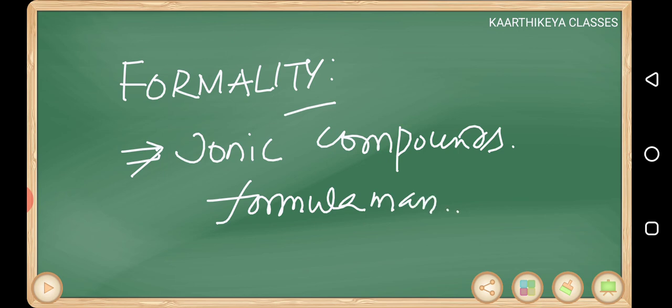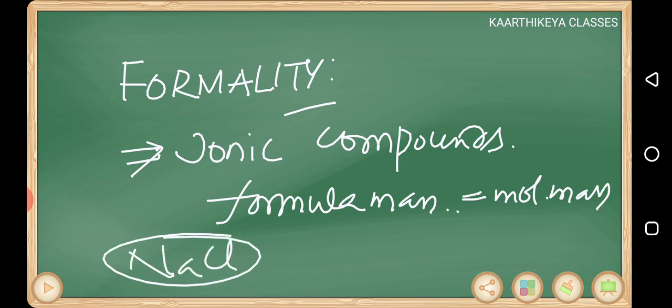For example, sodium chloride won't exist as a sodium chloride molecule; there are attractions between sodium ions and chloride ions. So whatever 58.5 you are saying is formula mass, not exactly molecular mass. So the better term is formality. Formality means everything is the same.